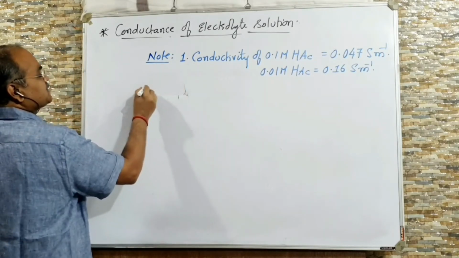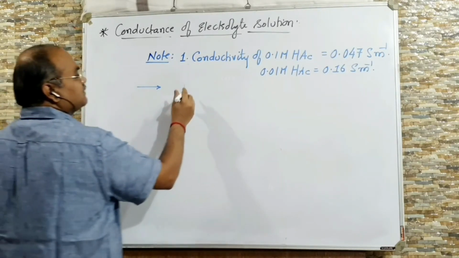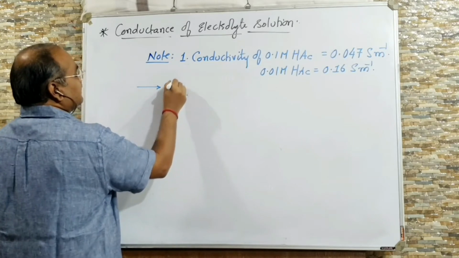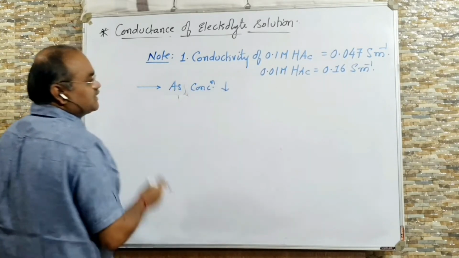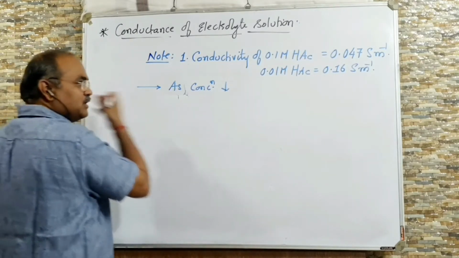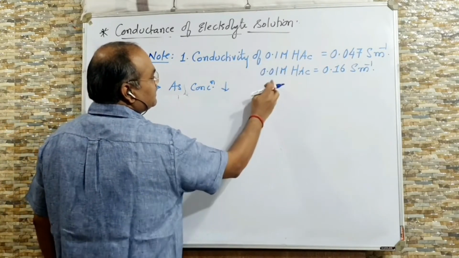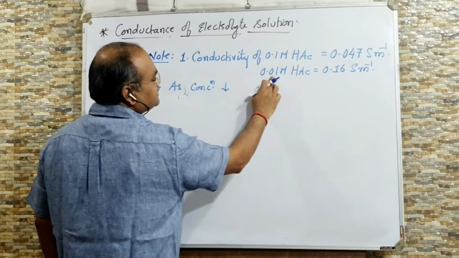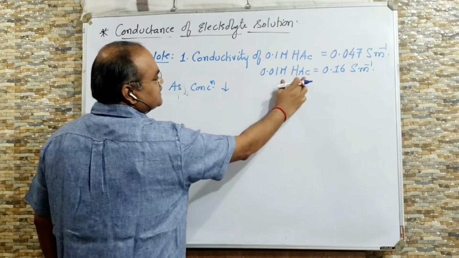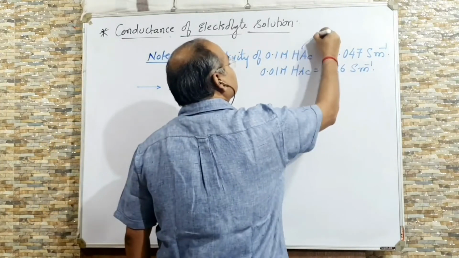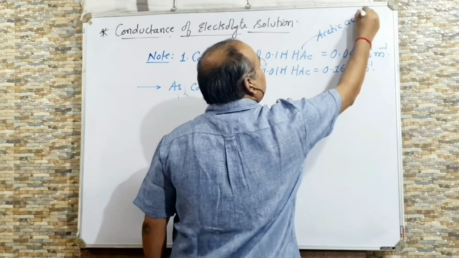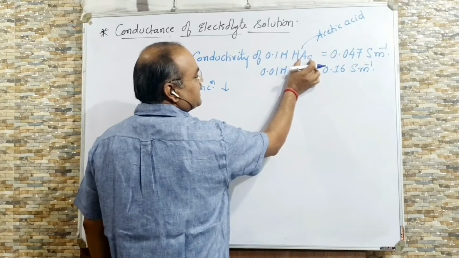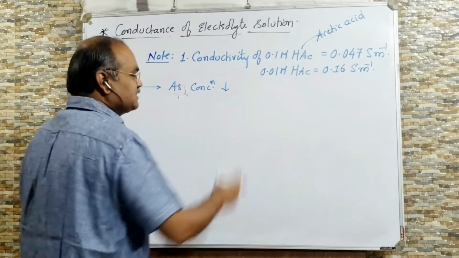So based on this, can we say that as concentration decreases? Earlier the concentration was 0.1, now it is being diluted and converted to 0.01 molar. HAC means acetic acid. For acetic acid they are writing AC, and for H, right?